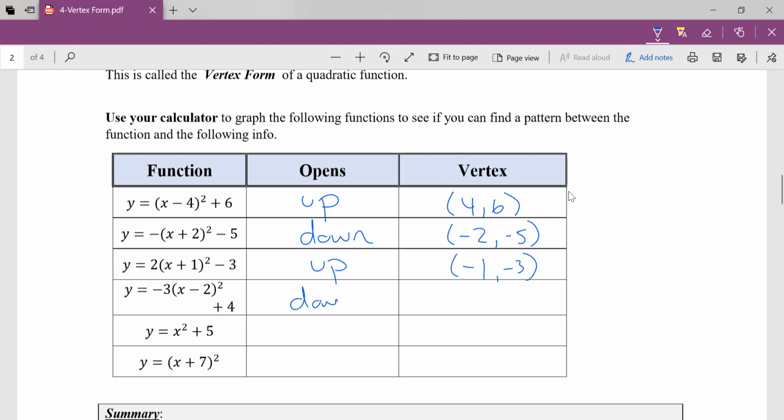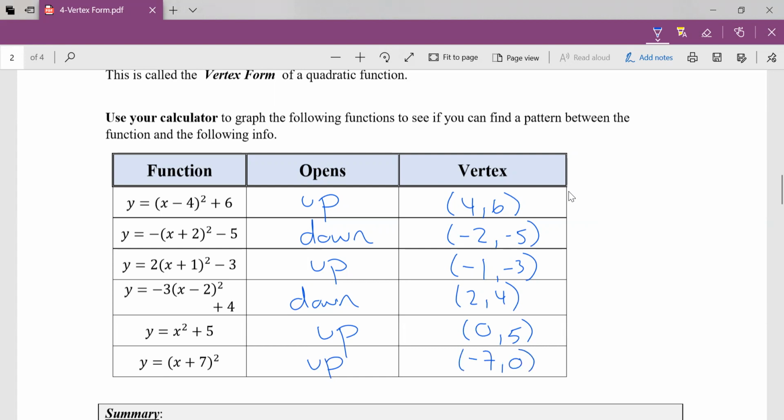Next one's down, vertex at (2, 4). Next one's up. Where's the vertex of this one? This one should be (0, 5). And the last one should be up as well, and the vertex of that should be (-7, 0).